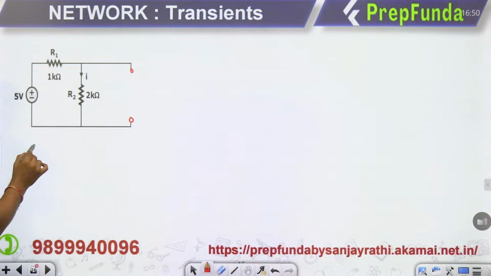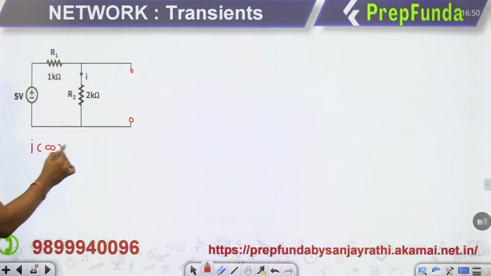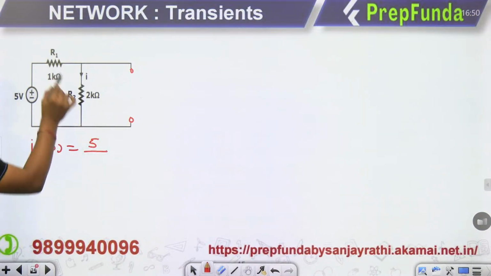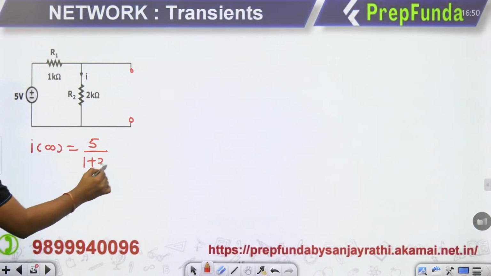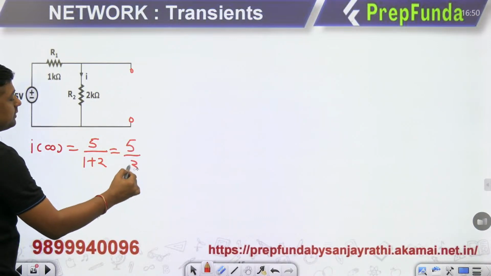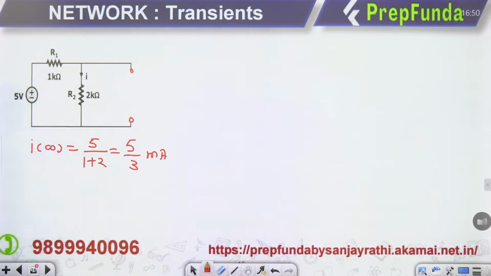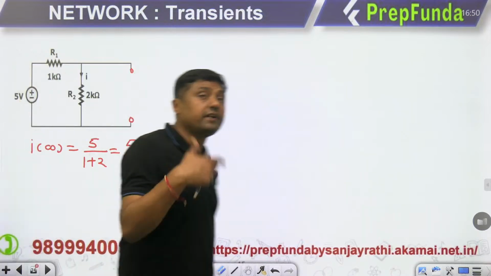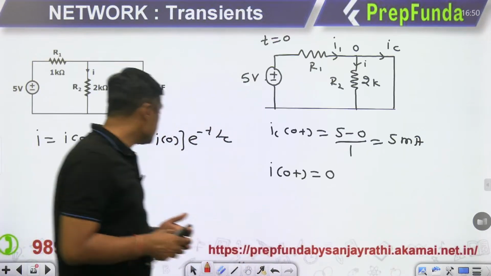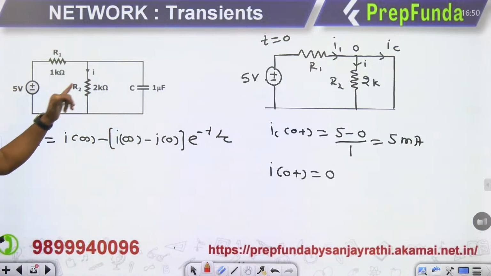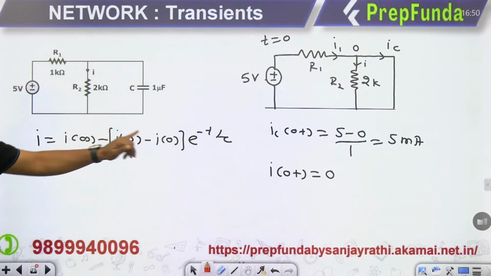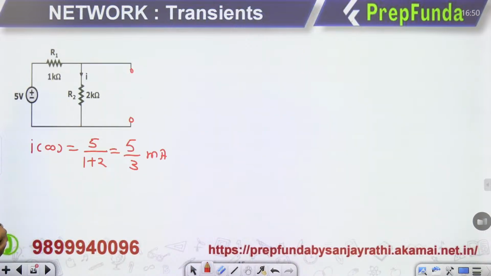Then I final is equal to what? 5 by R1 plus R2, that is 1 plus 2, that is 3. 5 by 3 milliampere, because the resistors are in kilo ohm, current will be in milliampere. This is the final current. Now most important thing, how to find the time constant. Because to use this equation, we have the current through R, initial current, final current, then what is the time constant of the circuit?